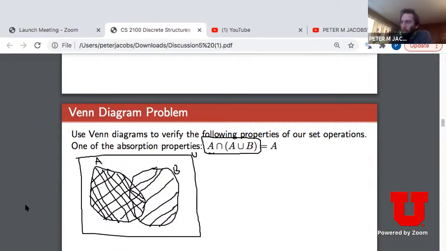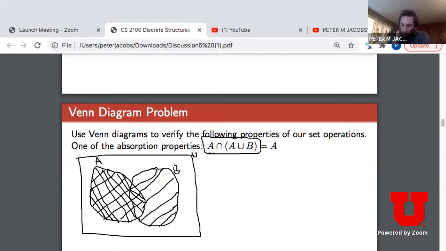And this isn't really a proof. We could do a proof which is a little bit more rigorous, but the problem asks us to make a Venn diagram, so that's why we did it. For a problem like this, using a Venn diagram is sufficient.